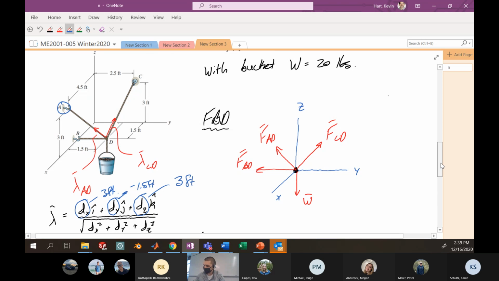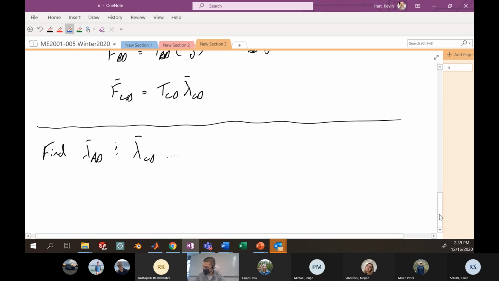I'm going to put it all together at the bottom here, and we'll write lambda AD. I had to move 3 feet in i hat, I had to move backwards 1.5 feet in j hat, and I had to go up 3 feet in k hat.